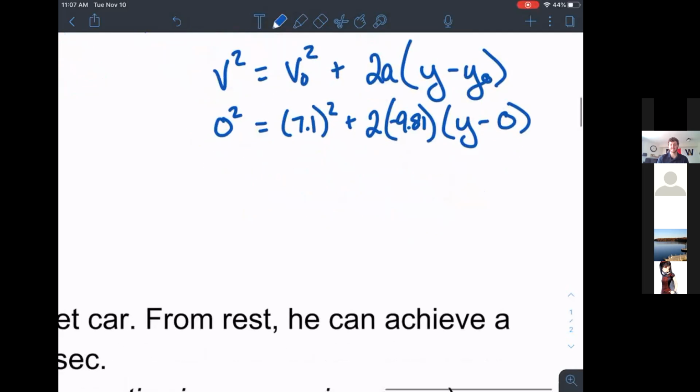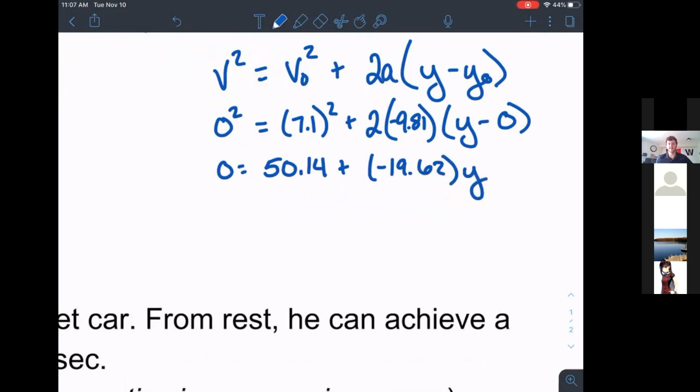So what do I do next? You square 7.1, which is 50.14. Plus 2 times negative 9.81, negative 19.62, times y. What do I do next? Subtract 50.14 from both sides.